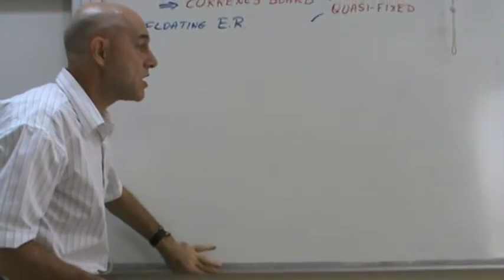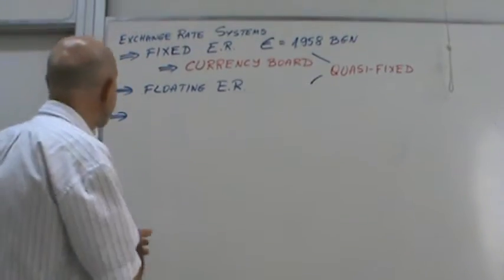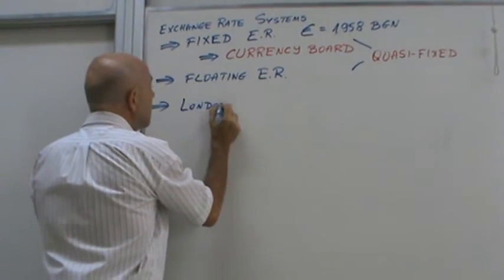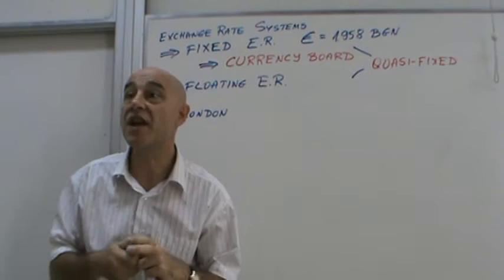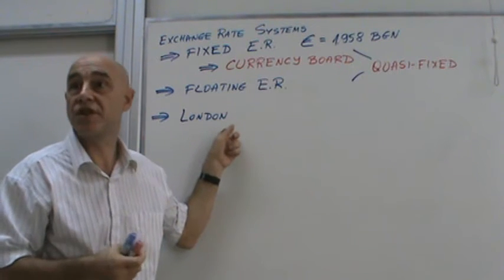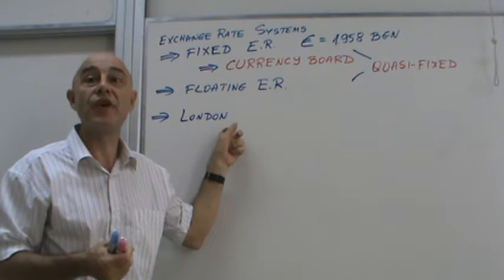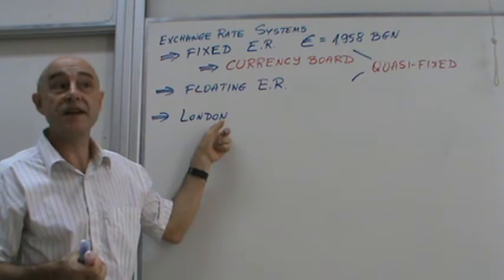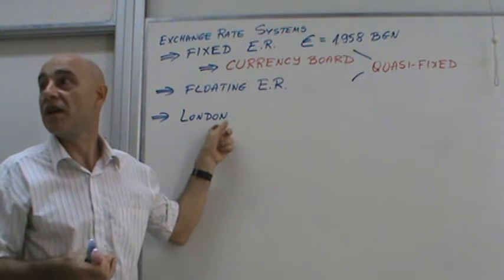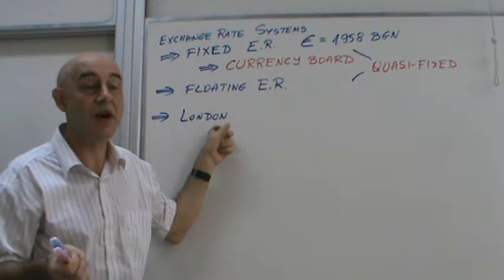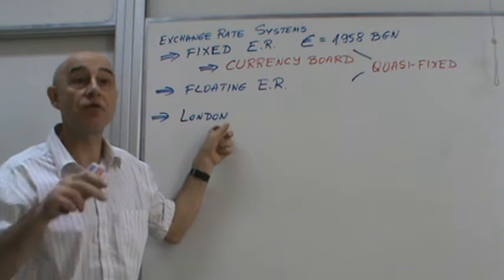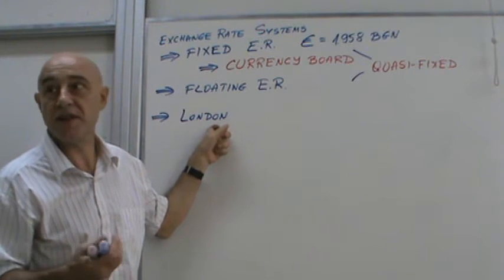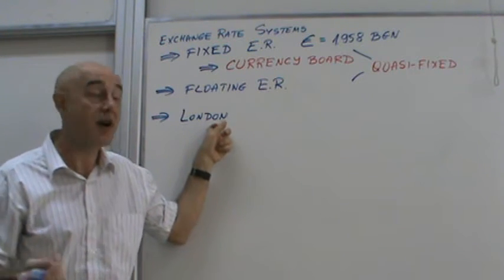The biggest currency market for a long time has been London. London has been, for well over 100 years, the financial capital of the world. So, as dominance for over 150 or 200 years of the British pound declined, the financial center of the world was New York.